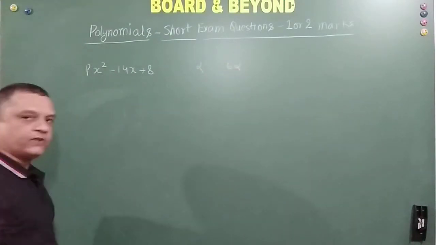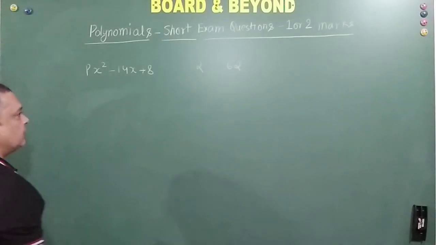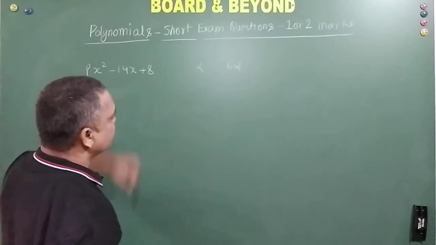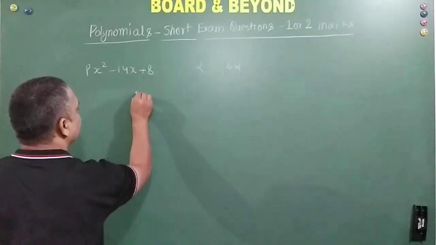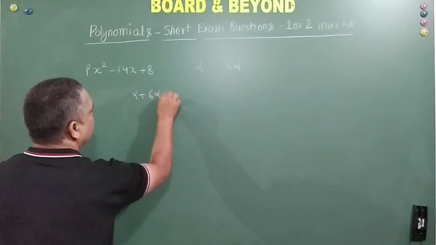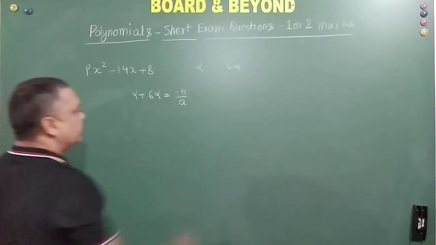This is what is given, right? We are expected to find the value of p. Now, what do we do here is that we know the sum of the roots is how much, my friends? Sum of the roots, alpha plus 6 alpha, should be equal to minus b by a, right?